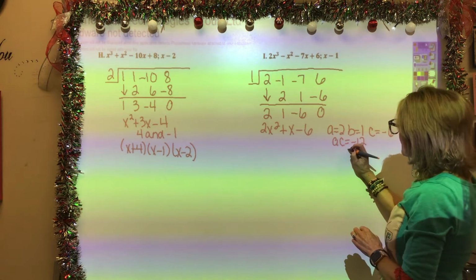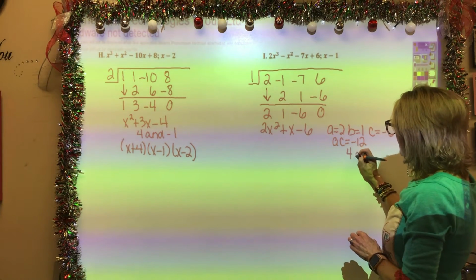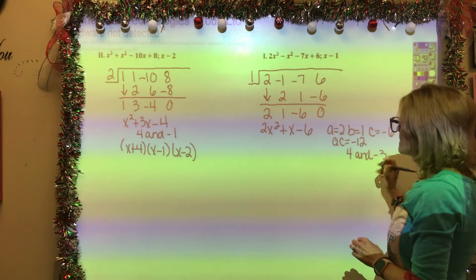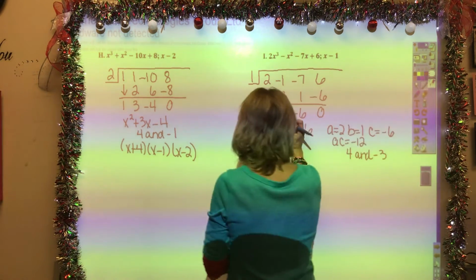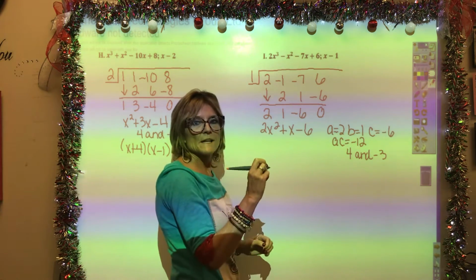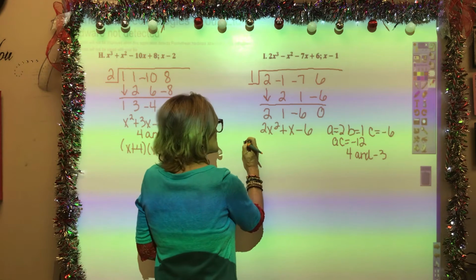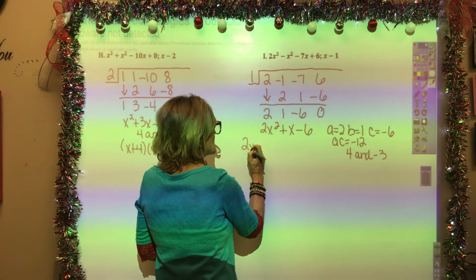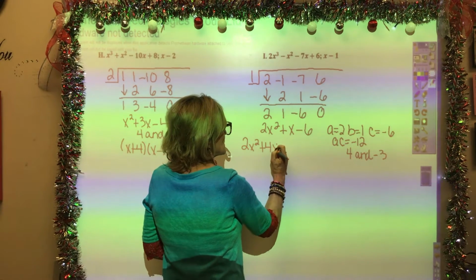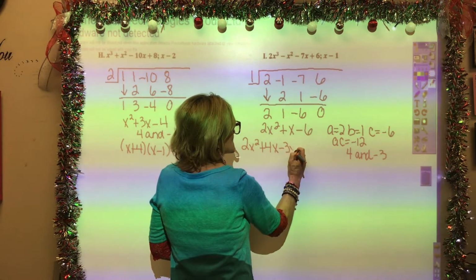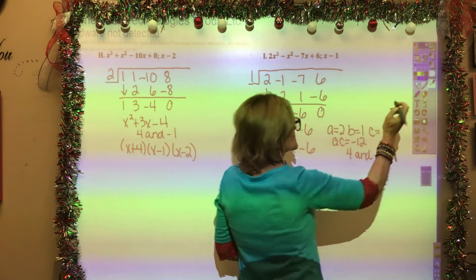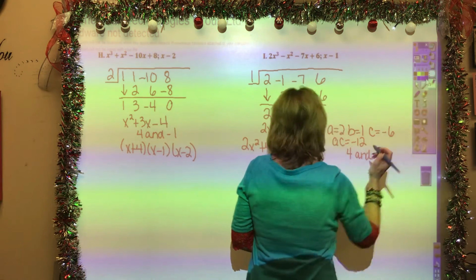That would be a 4 and a -3. So we're going to take out the x and replace it with a 4x and a -3x. So we'll have 2x squared plus 4x minus 3x minus 6.